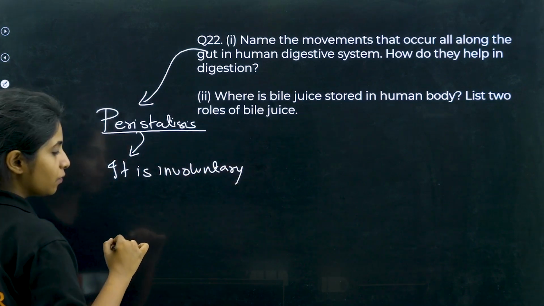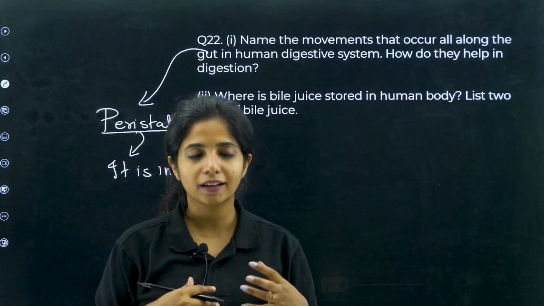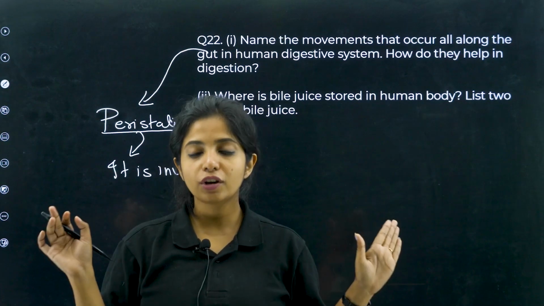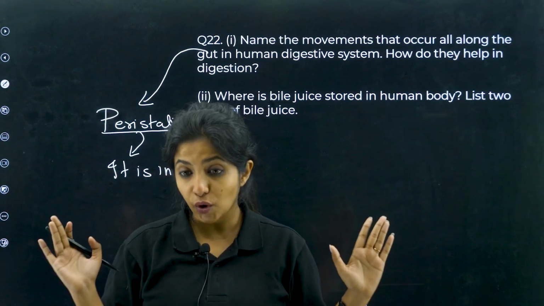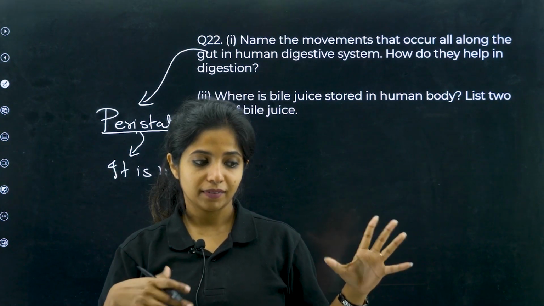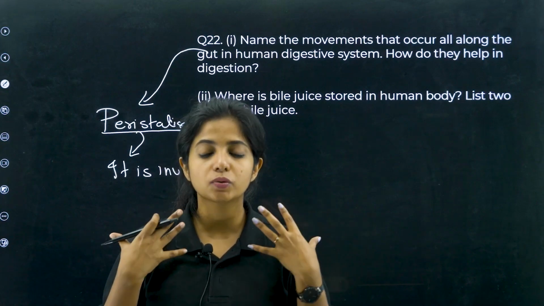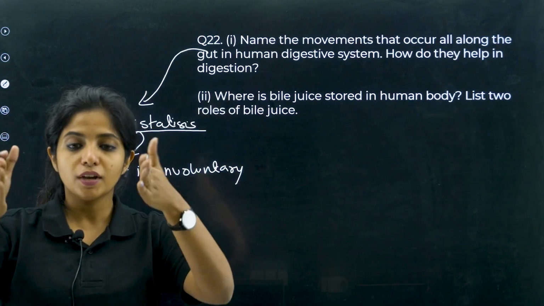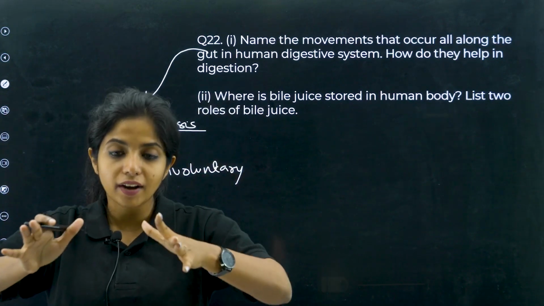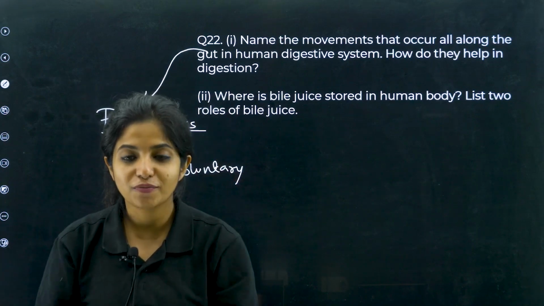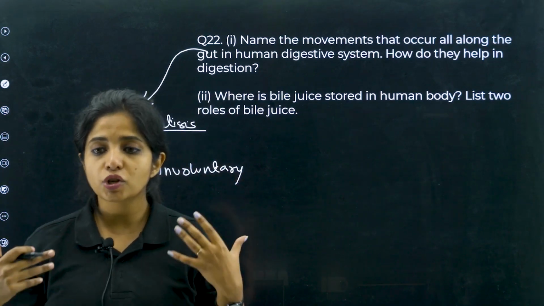Isn't peristalsis involuntary? For example, today you are thinking that, Jasmine, you would not be doing peristalsis in your esophagus. Can I do that? No, children. Peristalsis will definitely happen. If I have food, it will happen. So there is involuntary contraction and relaxation of my gut. And why is it very important? That is the question.